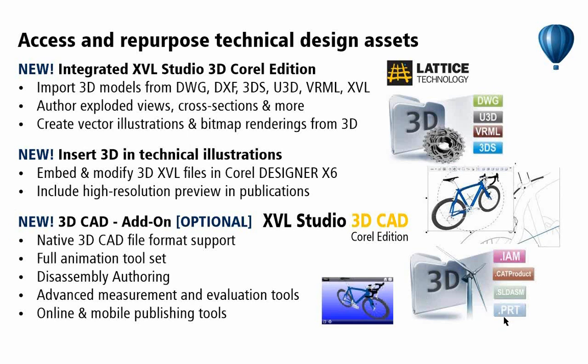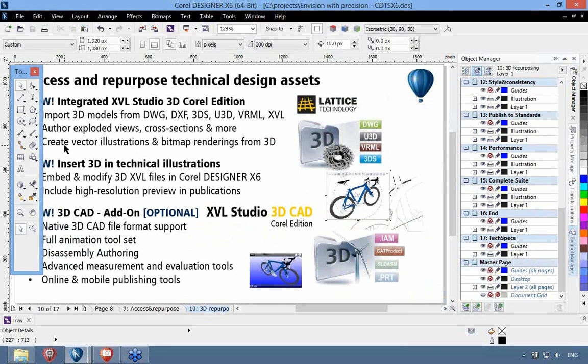But for those users who want to repurpose 3D files from DWG, U3D, 3D Studio, 3ds, and other file formats, there is an integrated component with CorelDRAW Technical Suite X6, and I am going to show you this now.